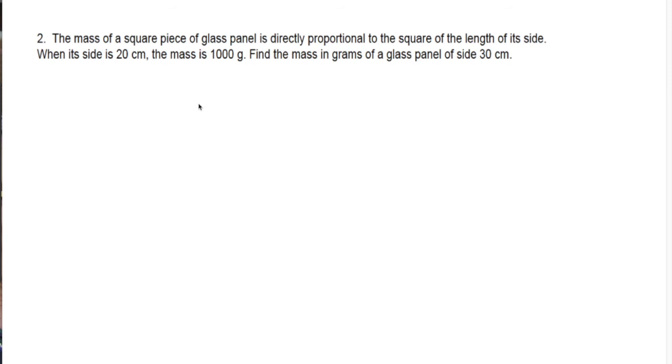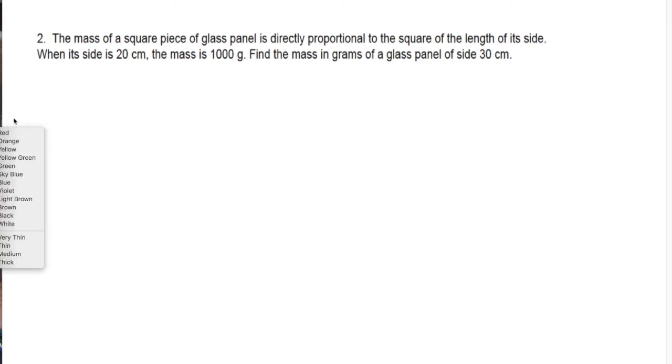In the next example, we are looking at the mass of a square piece of glass and its length. As we know that when the length increases, the mass will also increase. Therefore, this is a direct proportion. And we are given that the mass is directly proportional to the square of its length.